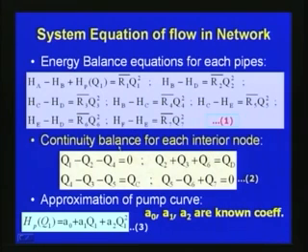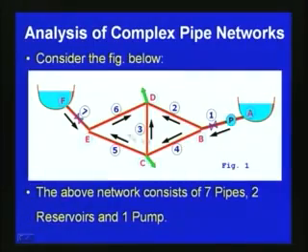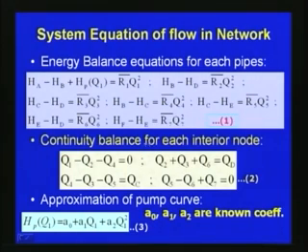So, we can write the continuity balance for each interior node. Here we have 4 junctions. For each junction or node we write the continuity with respect to the assumed flow direction.